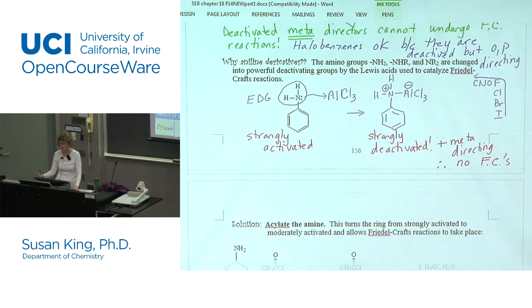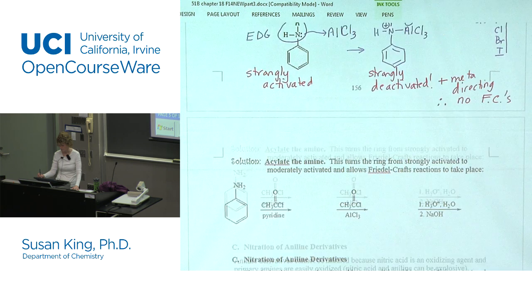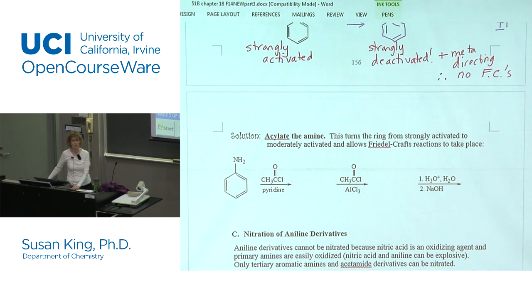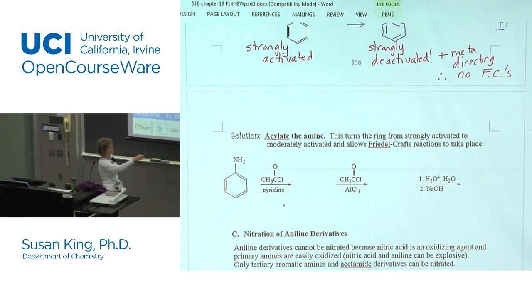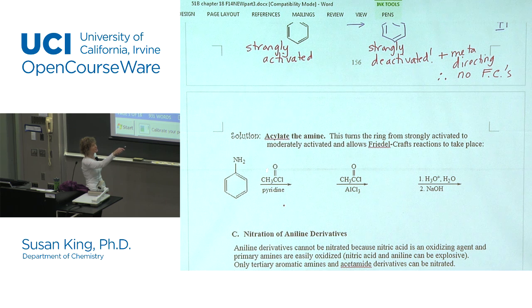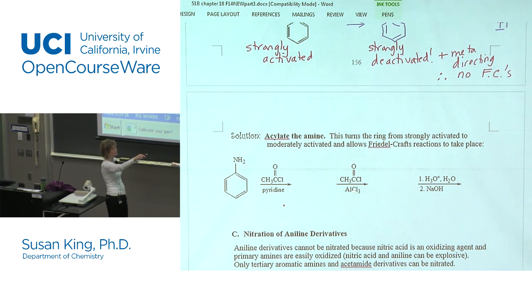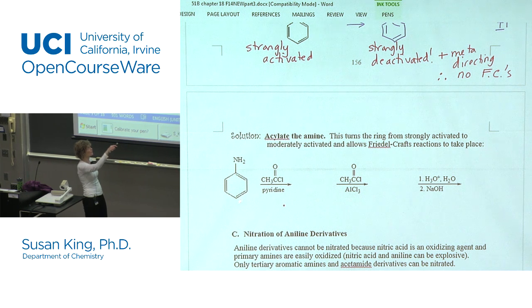But we actually do have a solution for this. The same solution we had for the aniline when it was putting too many bromines on at the same time: acylate it. Let's get this straight. When we use the acid chloride and pyridine, the group goes on nitrogen. When we use the acid chloride and the aluminum trichloride, the group goes on the benzene ring.